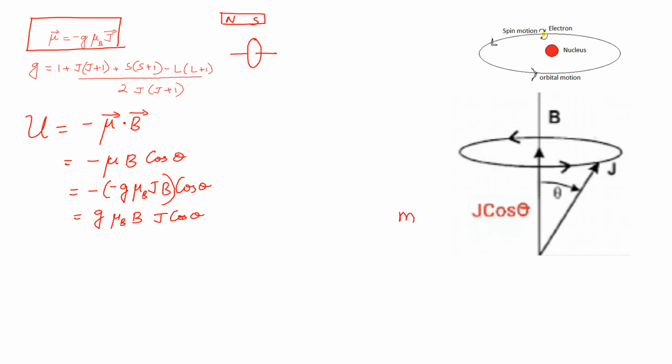We can represent it by Mj, the magnetic quantum number. Therefore, instead of J cos theta, we can write Mj.